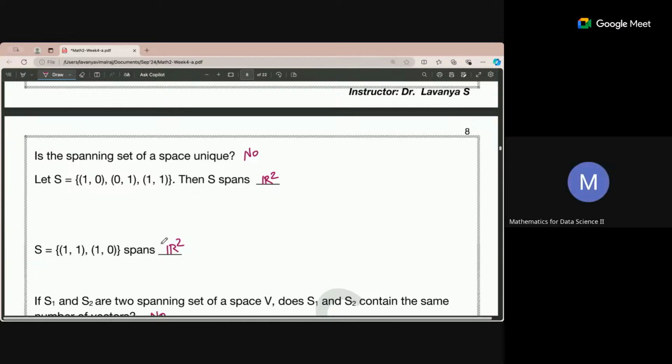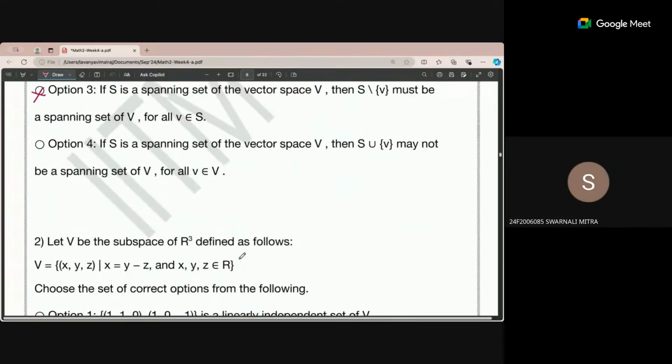For example, here V1, V2, V3. S minus V3 can still span R2. But if you take V1, V2 and take out any one vector, then it cannot span R2. That depends on the scenario. Okay, thank you.